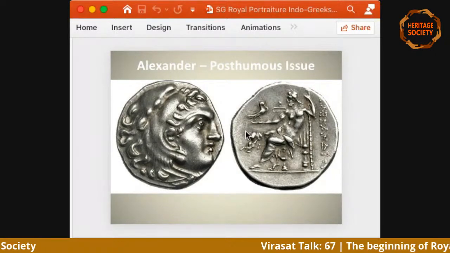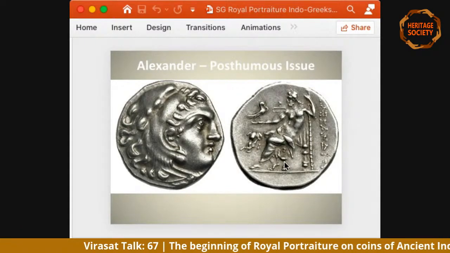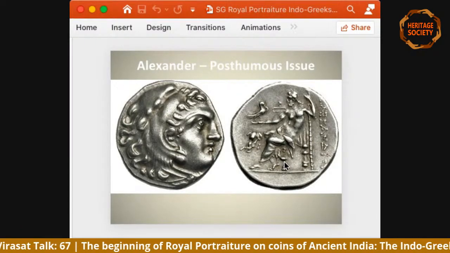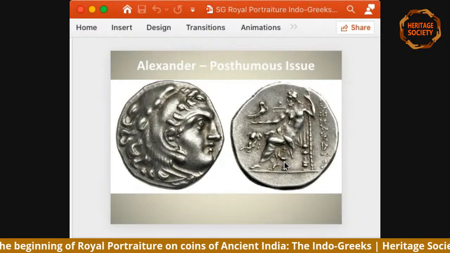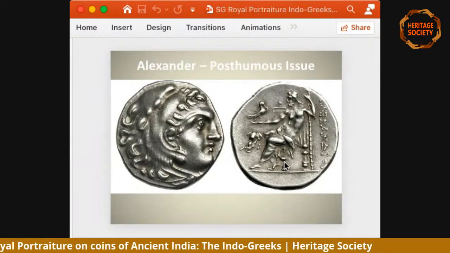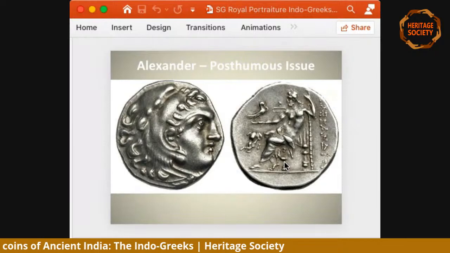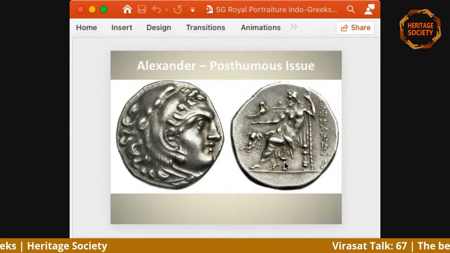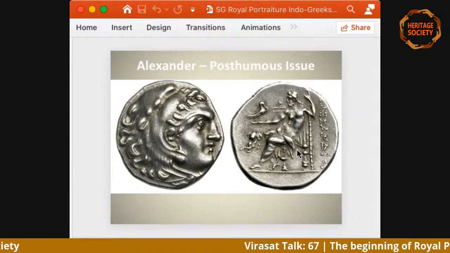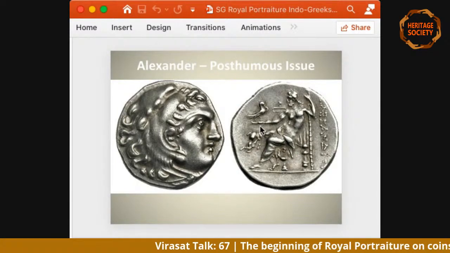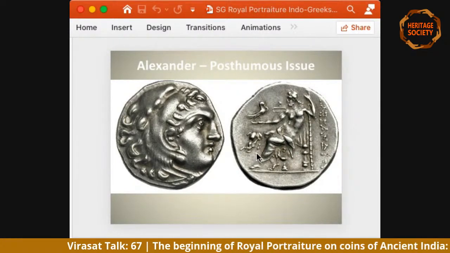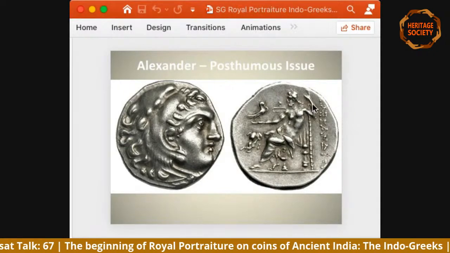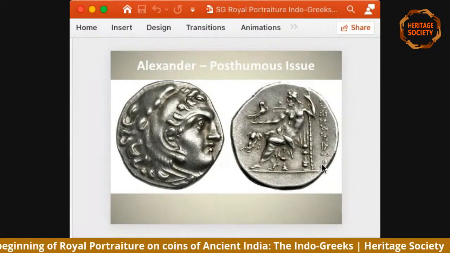The head of the elephant you can see here has been added to the whole depiction of Zeus, who is typically shown enthroned. Zeus is, as some of you might know, in Greek mythology the father of gods. So here you can see the head of the elephant in three-quarter profile, and the name Alexandroy inscribed.